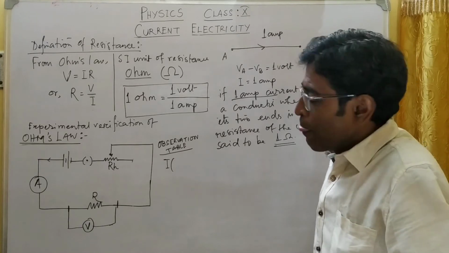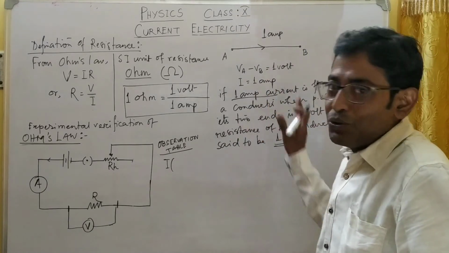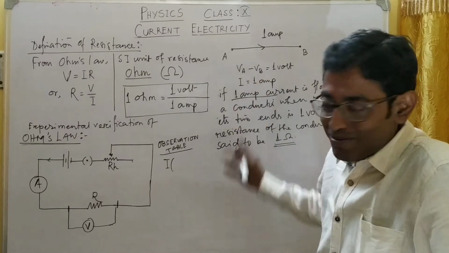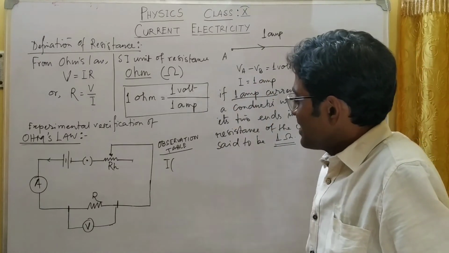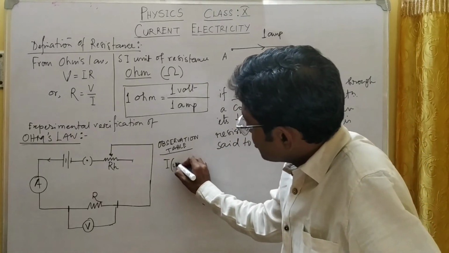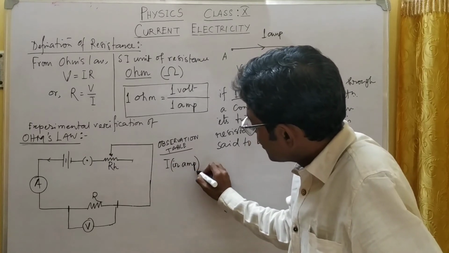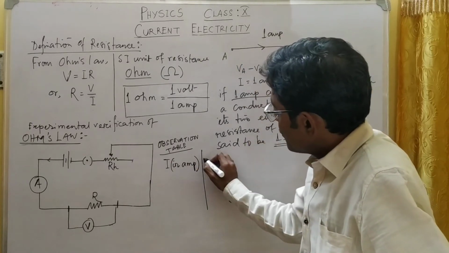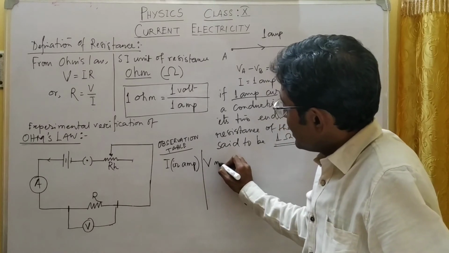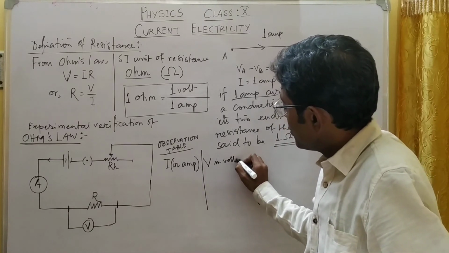Now it's theory, so we will be doing all the things on the whiteboard. So what is that? Observation table, you should write I in ampere. And V in volts.